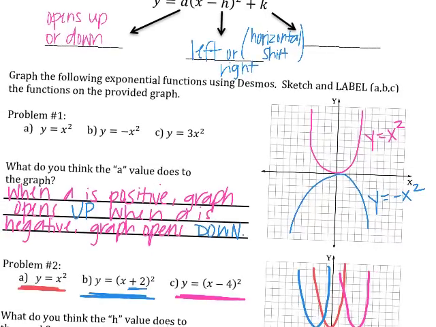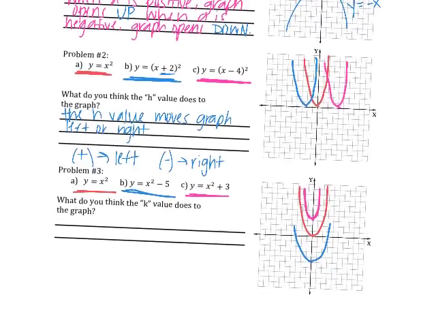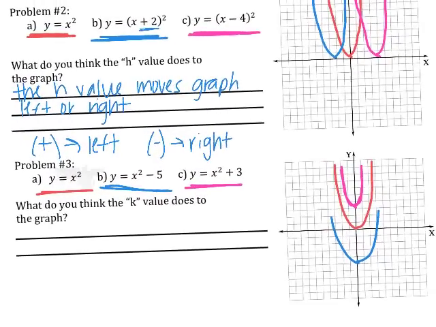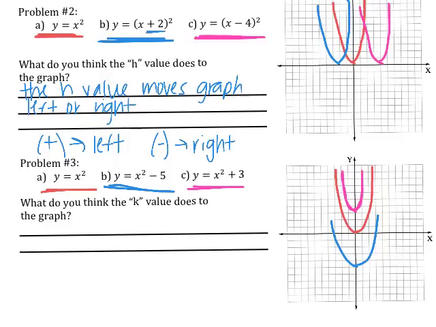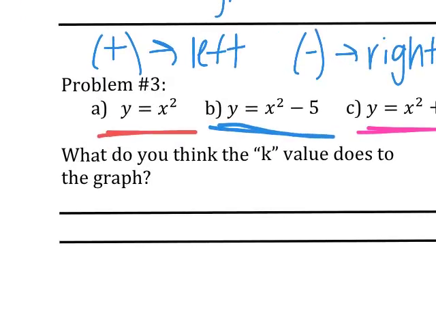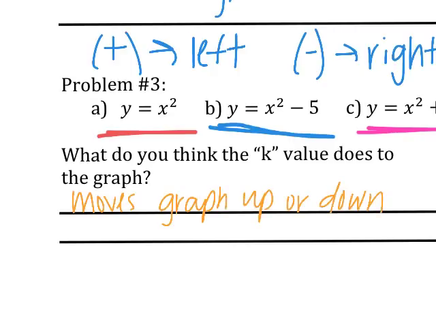All right, so if that is what our H value does, then what does our K value do? Good, so the K value is going to move it up or down. All right, so moves graph up or down. And if it is positive, it is going to move it what, up or down?